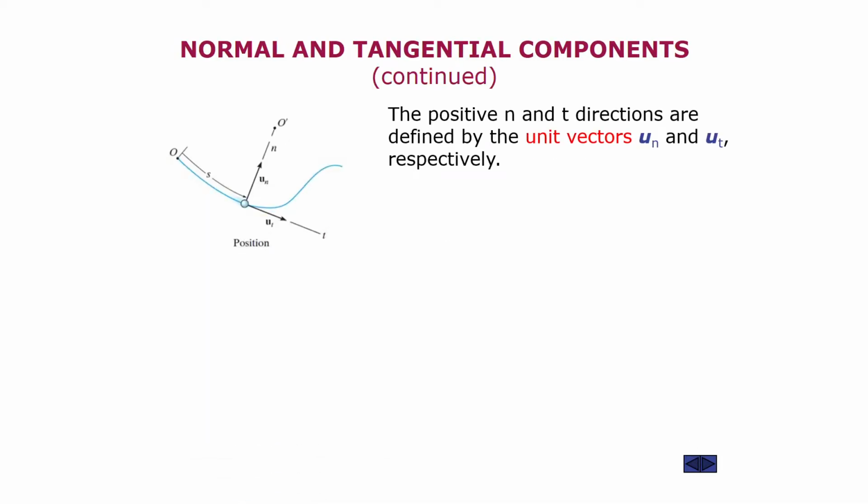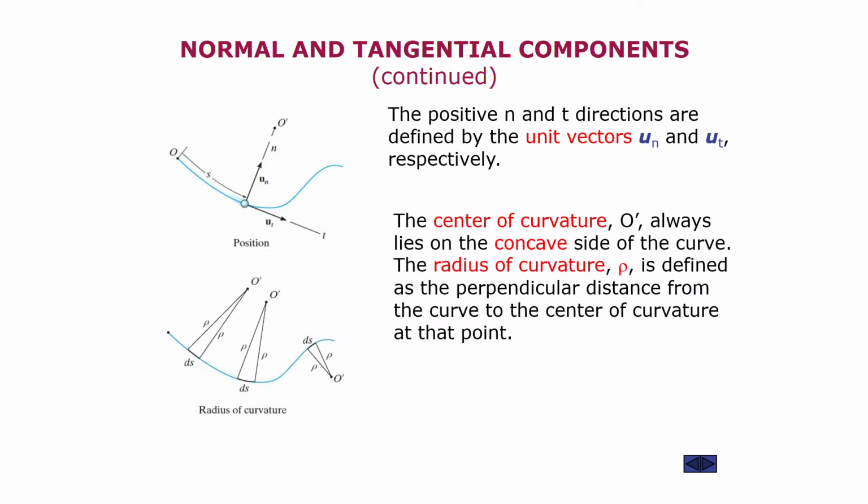The positive n and t directions are defined by the unit vectors u_n and u_t respectively. So these are the unit vectors for the normal and the tangential components, with the subscript n referring to the normal component and the subscript t referring to the tangential component in the diagram beside.